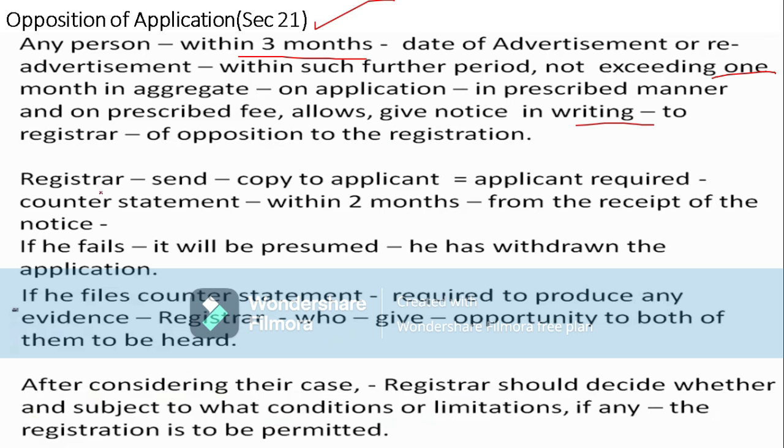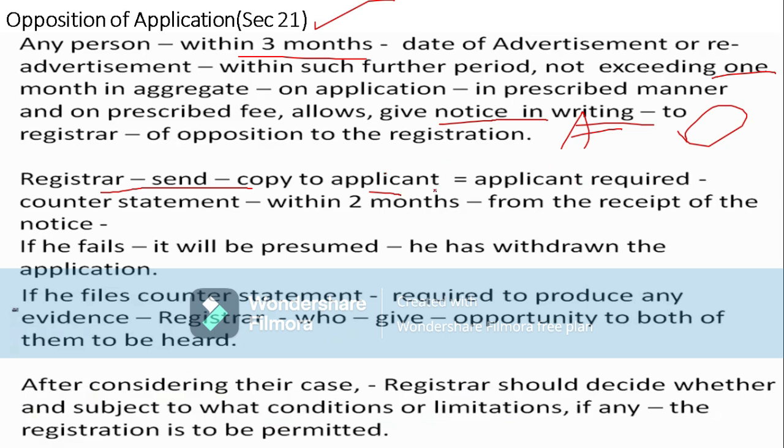Then the registrar will send a copy of that notice to the applicant. Here two parties are involved, the applicant and the opposition party. The opposition party is opposing the applicant, and the notice in writing is sent to the registrar, who sends it to the applicant. Then what should the applicant do?